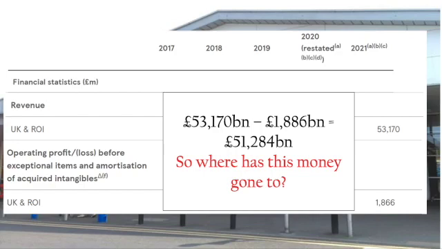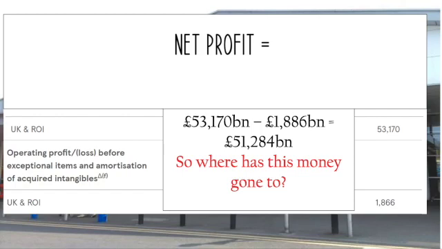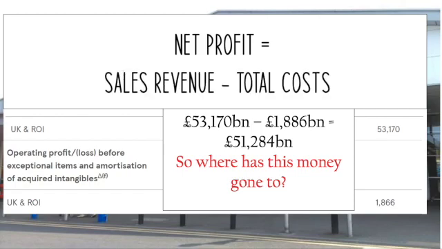Profit takes into account not just the revenue, but also what Tesco has spent in terms of generating that revenue. So it's the difference between your total revenue and your total costs. So if we then got 53,170 million minus 51,284 million, then what we'd get is 1,886 million, that being our net profit.